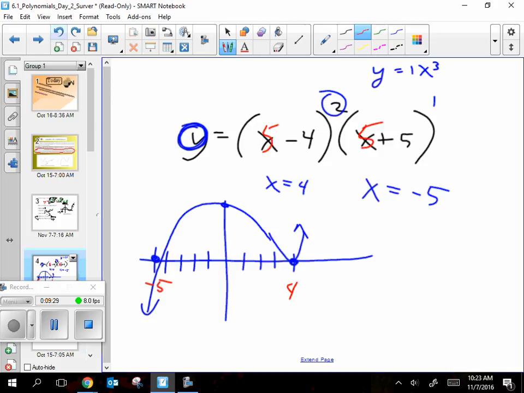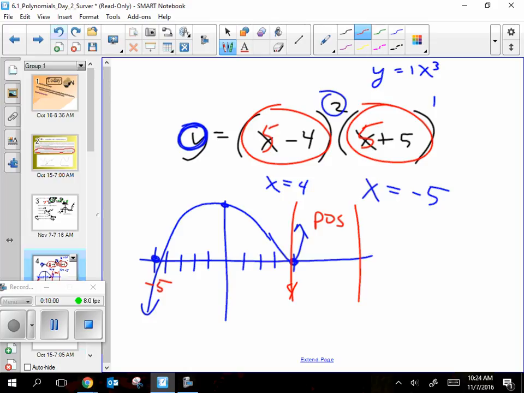And this is important to know. You do not need the exact answer. You just need to know if it's positive, as in up. Do you get that 5 minus 4 is 1 and 5 plus 5 is 10, and 1 squared times 10 is going to be a positive number? So I checked 5, which is in this interval here. It's positive. Do you get how that also could have told me that the right end is going up? That makes sense? Okay.